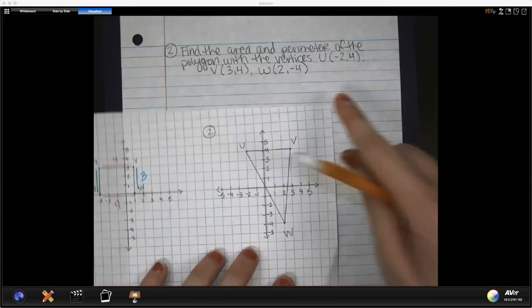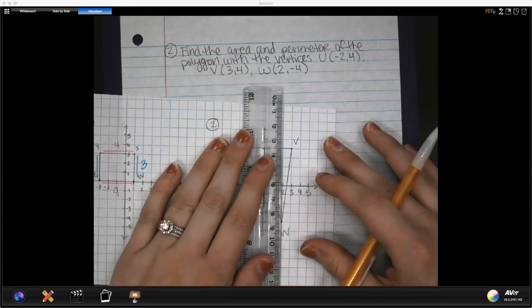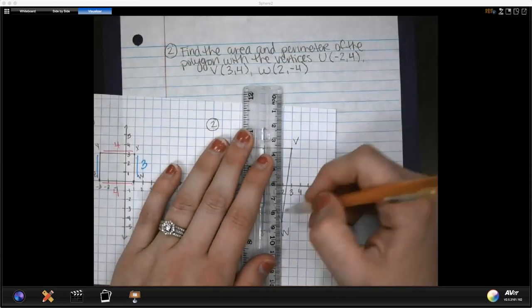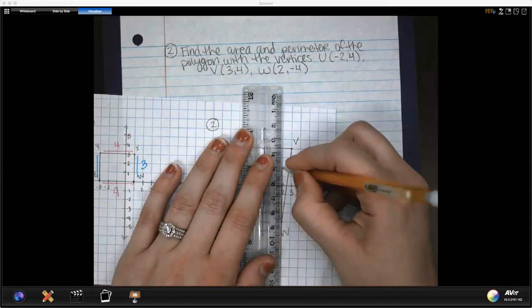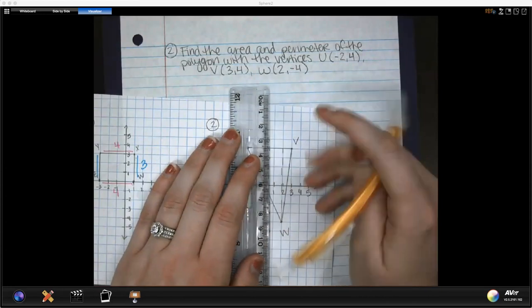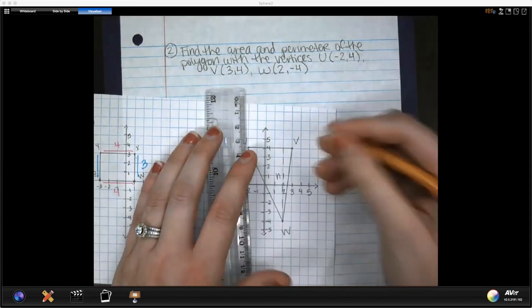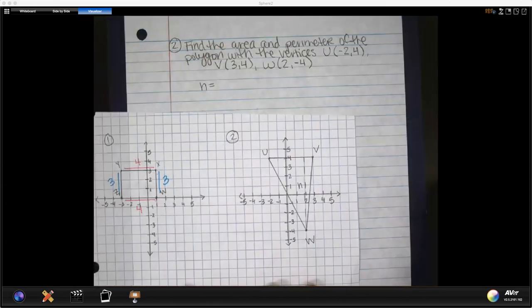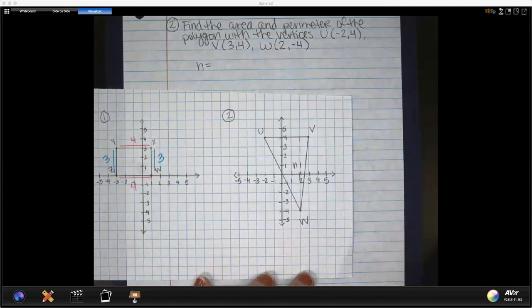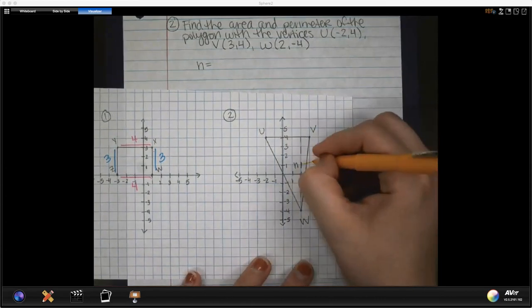So if we find a 90-degree height to this, I'm able to draw a straight line, and this ends up being my height. What does that height end up being? What's the value? 8, good, the height is 8.